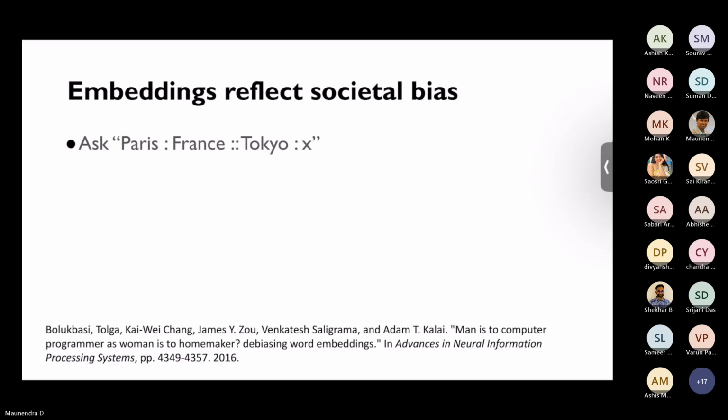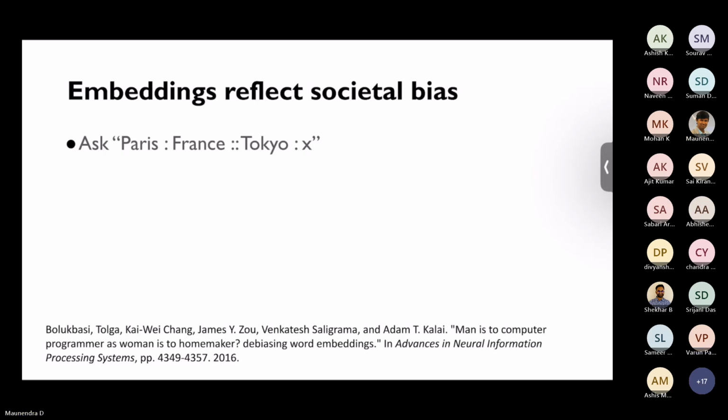We can take the vector difference between France and Paris and apply that to Tokyo, but you did not do that computation when you gave the answer Japan. So how did you say Japan? The capital city. Right, so the relation this is capturing is country and capital, or capital to country.